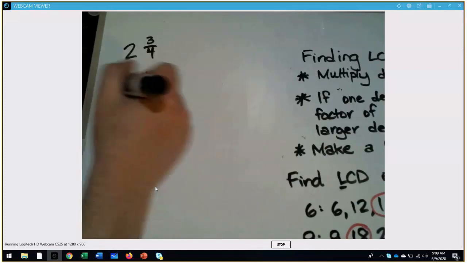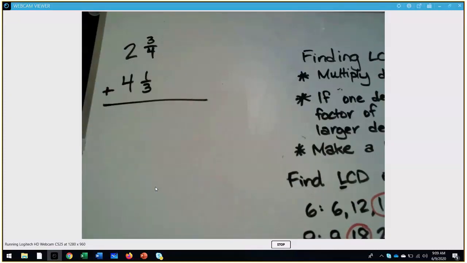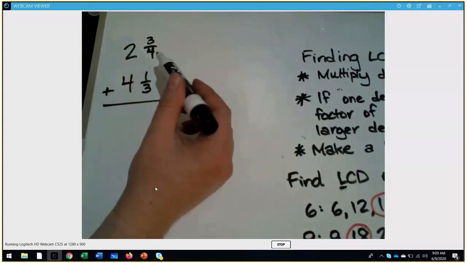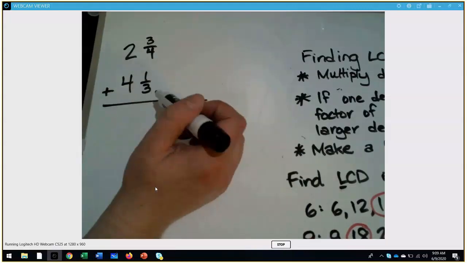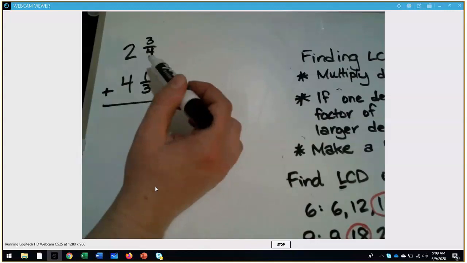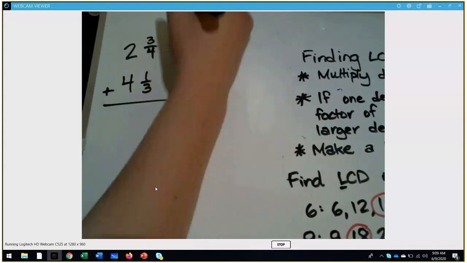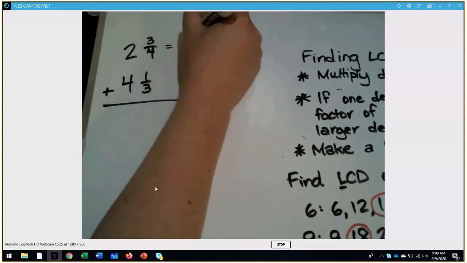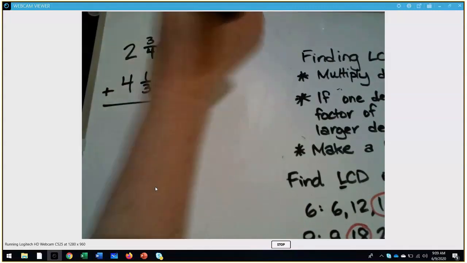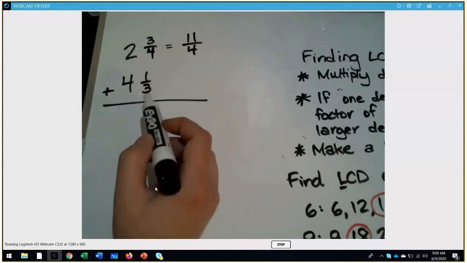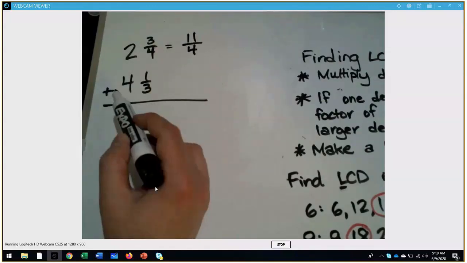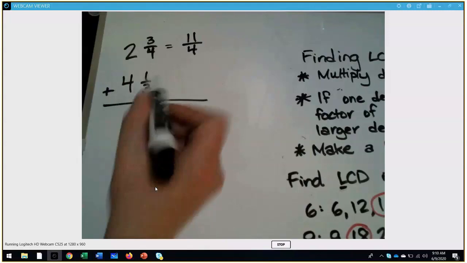That means, let's add. Okay, so first thing, you have mixed numbers. We're going to convert them first. So 4 times 2 is 8, plus 3 is 11. Next one, 3 times 4 is 12, plus 1 is 13.